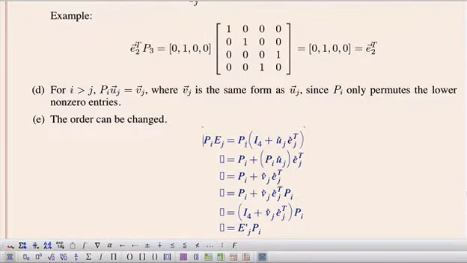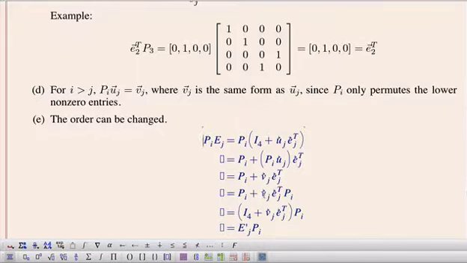Then we multiply with P_i term by term. From the identity matrix we get P_i, and from this other part we get P_i u_j times e_j transpose. So P_i u_j is just some kind of v_j vector.